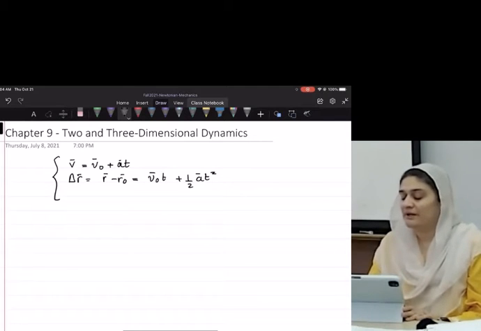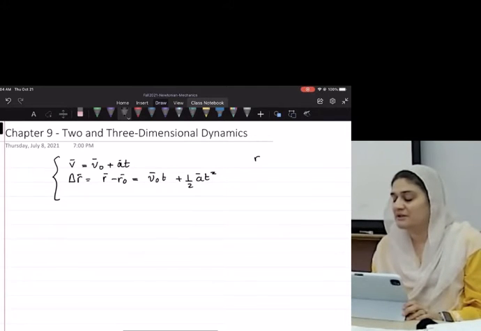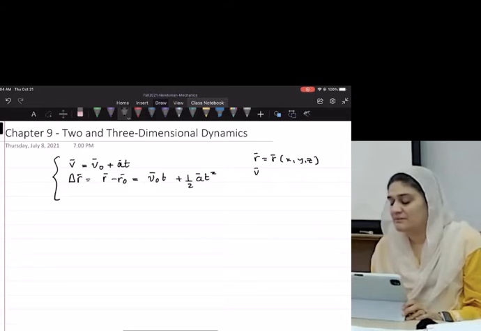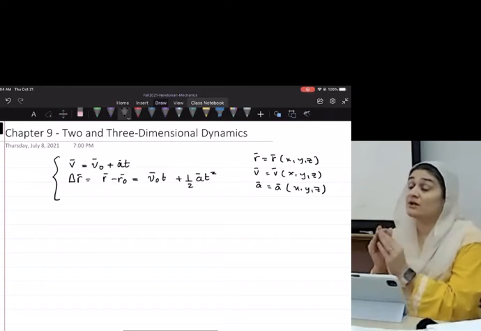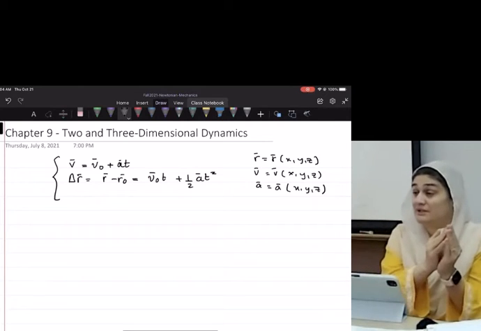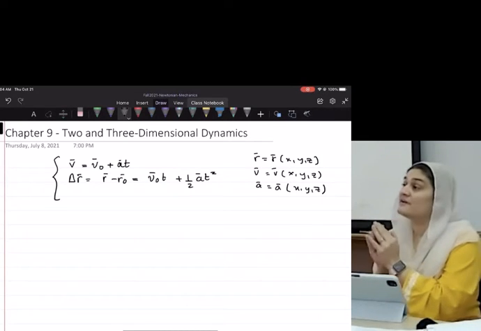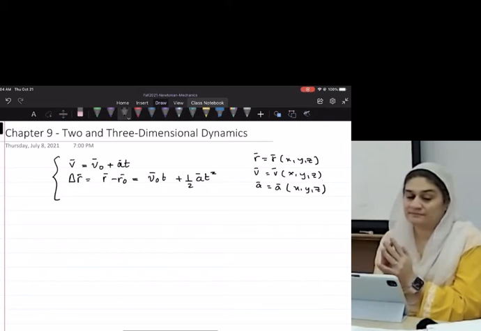Where when I talk about all of these terms, I mean R will be a function of X, Y, Z. V will be a function of X, Y, Z. And A will also be a function of X, Y, and Z. So we've just gone from 1D to 3D. And everything now will be a vector.